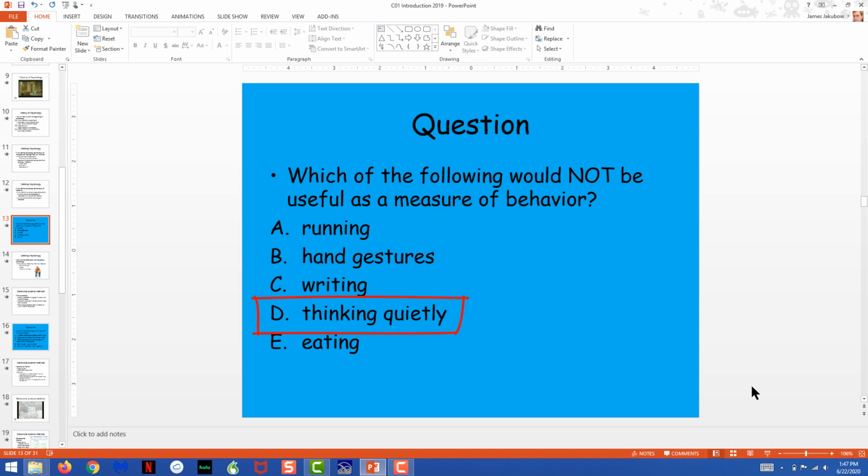Thinking quietly does not meet the publicly observable objective requirement of a scientific process. A person who sits in a chair and is completely immobile can have the grandest thoughts, and you would never know it unless they can communicate those thoughts to you.